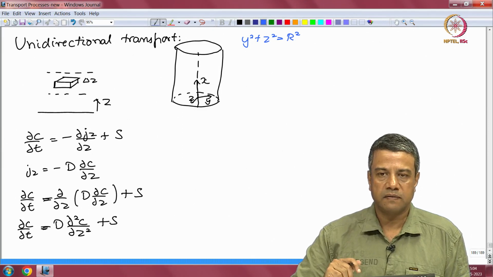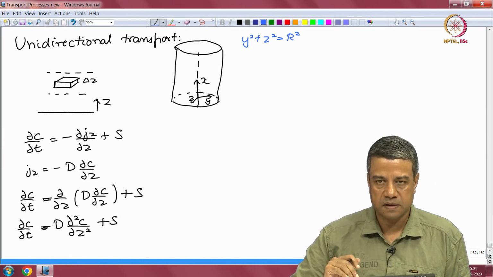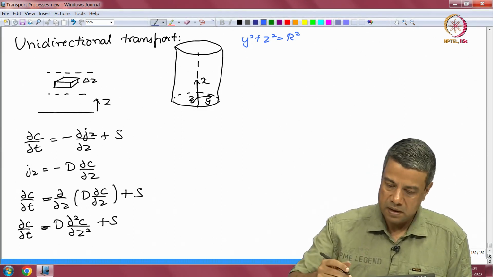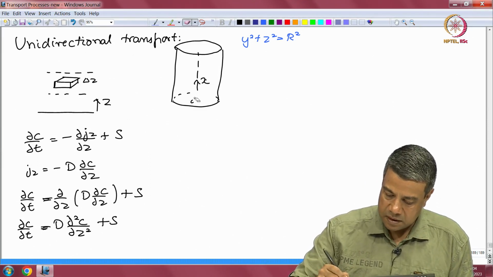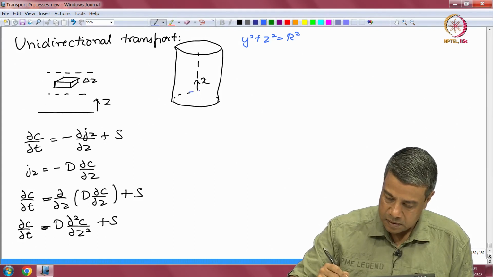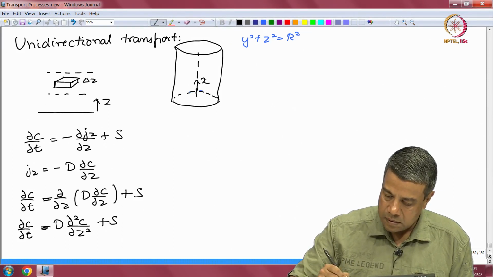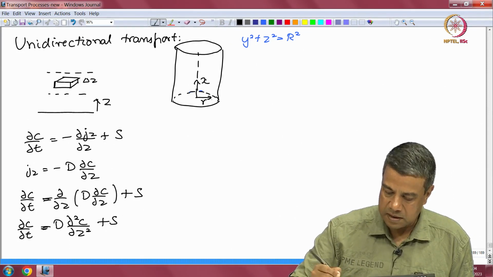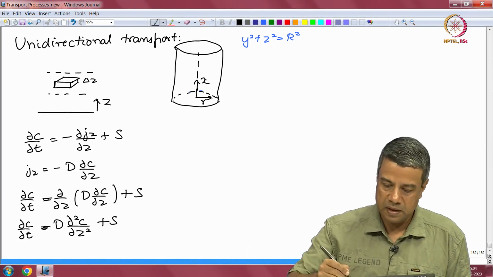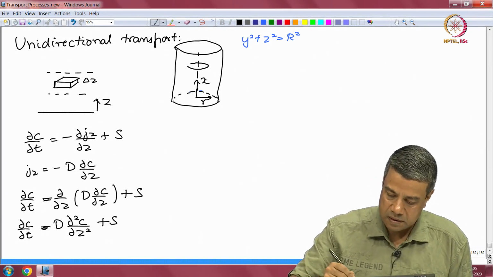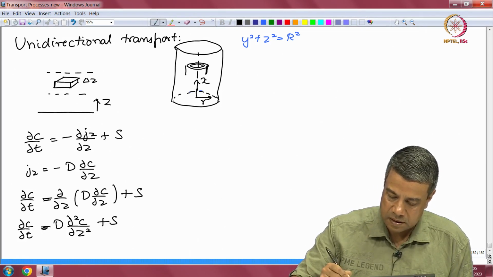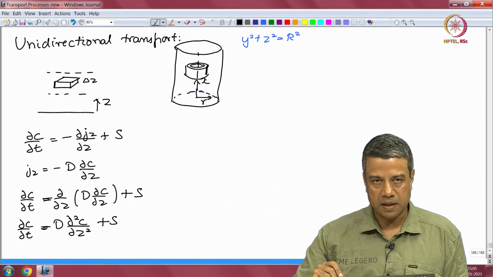You would rather have the boundary surfaces as surfaces of constant coordinate. So, instead of this, we define the distance from the axis as the radial coordinate r, and use a cylindrical differential volume between two surfaces at r and r plus delta r to carry out the balance.